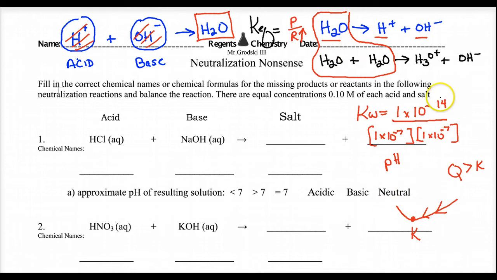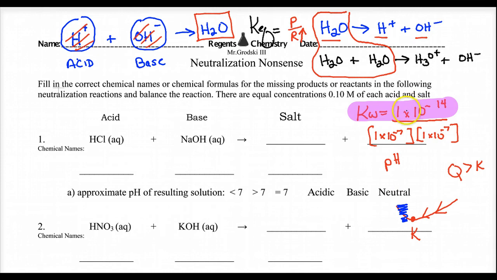Because this number is so small for the Kw, it's easy to have more H pluses. Remember, this number represents Q being smaller than K. So this would represent the value of area you could have for some combination of H pluses and OH minuses.